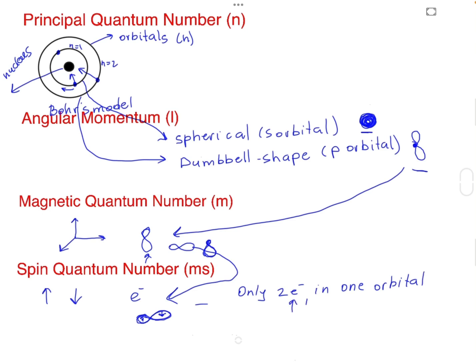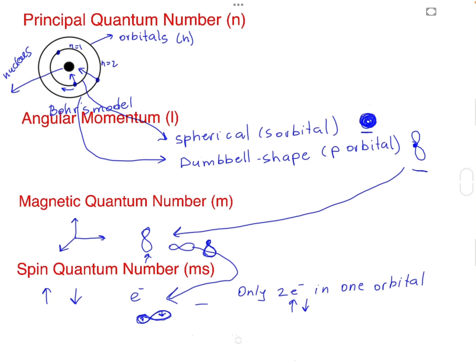So one is spin up and one is spin down. In that case, we know that there are no two identical electrons, even in the same shell, in the same orbital. One electron is pointing up, the other is pointing down, and that's what Pauli is trying to tell us.